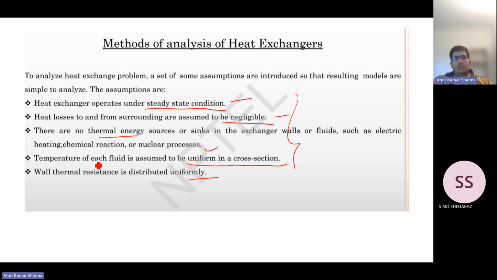So steady state operation, heat loss to and from surroundings negligible, and also the wall thermal resistance is distributed uniformly. Temperature of each fluid is assumed to be uniform in a cross section, and there are no thermal energy sources or sinks in the exchanger walls or fluids such as electric heating, chemical reaction, or nuclear process.